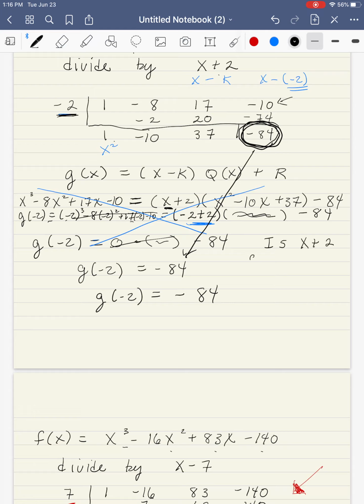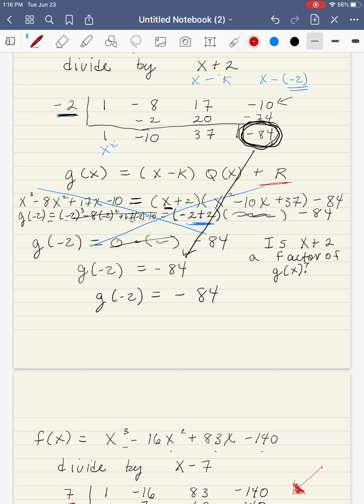Let's go ahead and look back up here. Suppose I asked you, is x plus 2 a factor of g of x? In other words, does x plus 2 divide evenly into the original polynomial g of x?